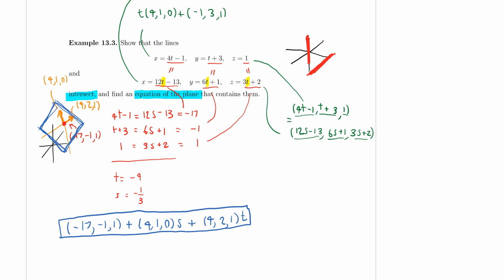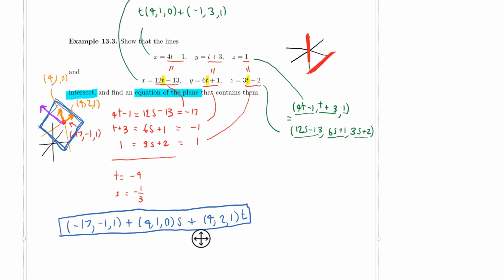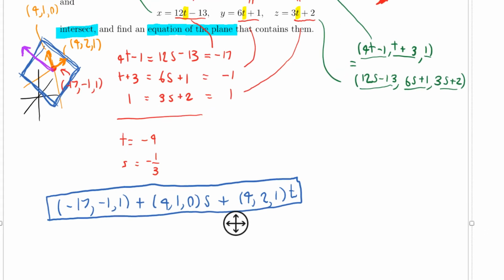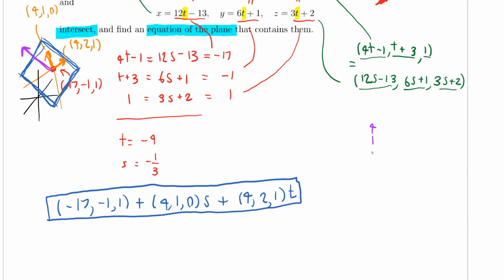To do that, let me find the normal vector to this plane. The normal vector is the vector that is perpendicular to this plane. And I'm going to find this purple vector by computing the cross product of these two vectors. That's going to be the determinant of 4, 1, 0, and then 4, 2, 1, and then i, j, k.